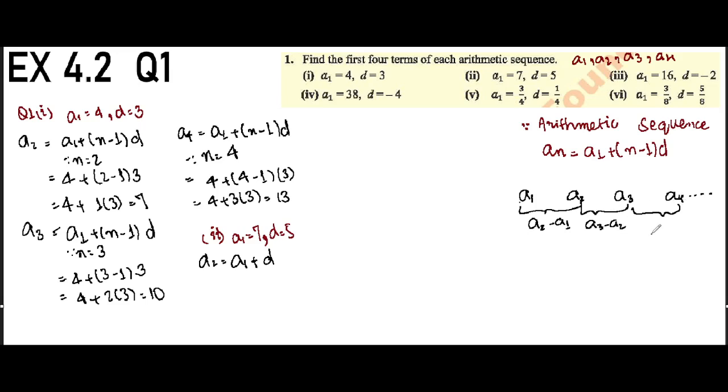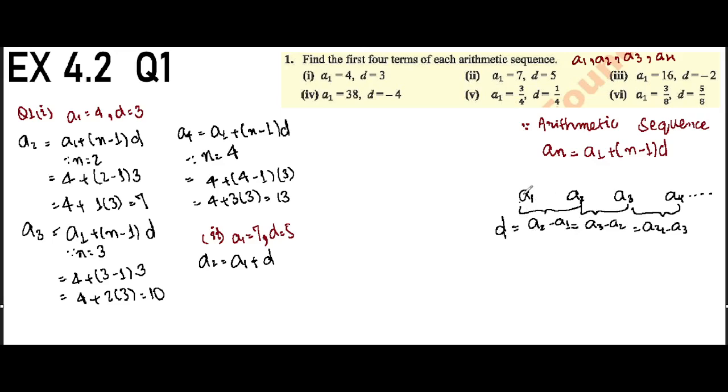The difference between a4 and a3 will be a4 minus a3, and so on. For every term, the difference between two terms will be equal to the second term minus the first one. So we have done it over here. Now all of these are supposed to be equal, and when they're equal, we consider it equal to a difference.